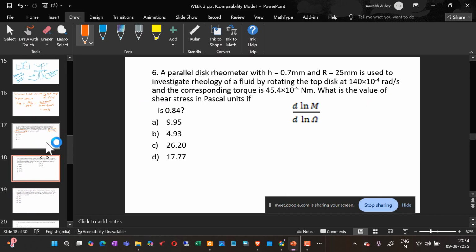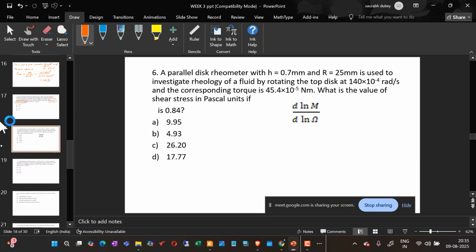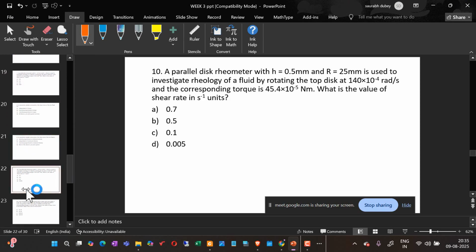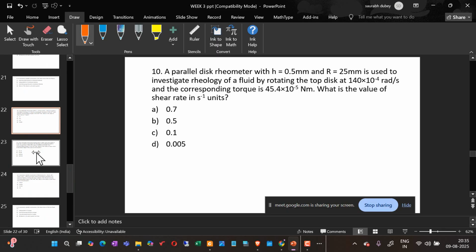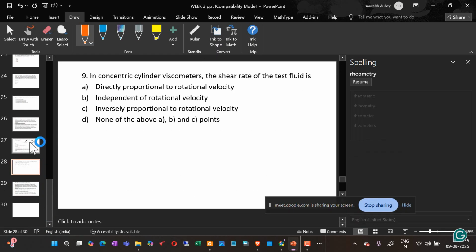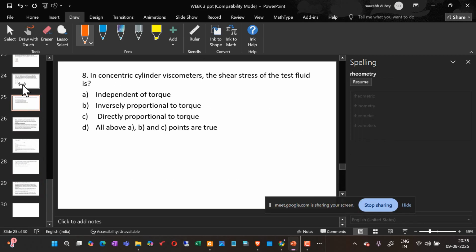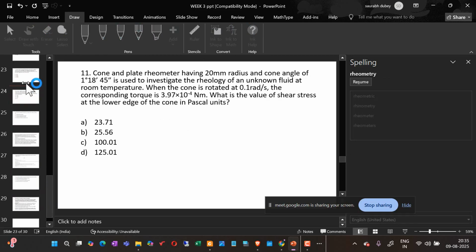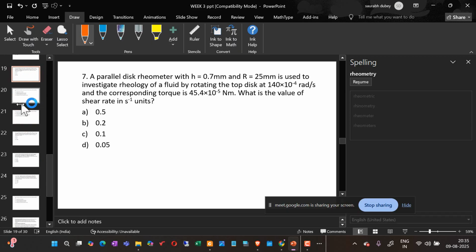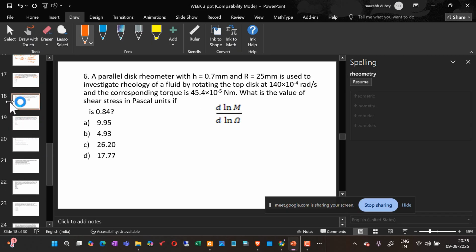After this we have a few more questions, like the 6th question, 7th question, and then some theoretical questions which will be very easy to solve, and again some numerical problems. So around 12 problems we have. Half an hour is remaining, so we will be solving them step by step, and I will give you some problems to solve on your own at the end, right?